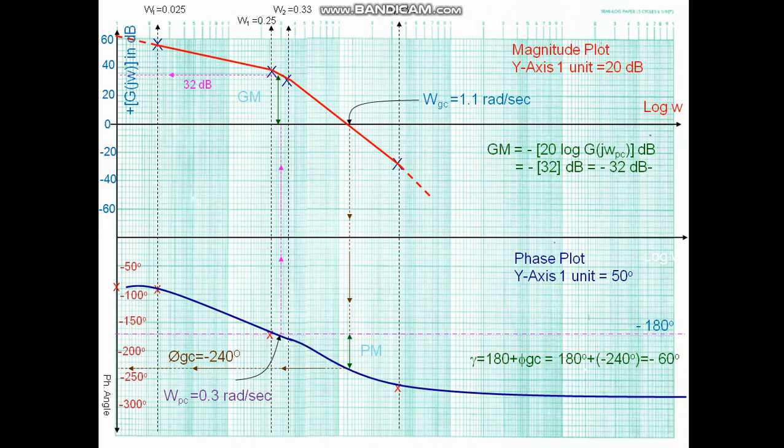Next, at the gain crossover frequency, the difference between 180 degree and the phase angle is known as the phase margin. In the same way, at the phase crossover frequency, the difference between 0 dB and the magnitude plot is known as the gain margin.